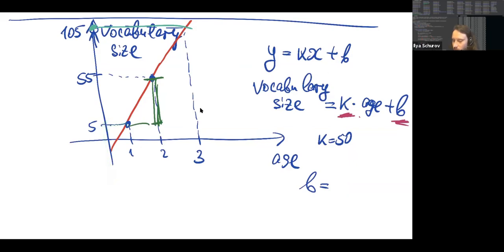My picture is not very accurate, so it is a little bit misleading. Let me try to redraw it more accurately. It should be like this. And so b is 5 minus 50. So it is negative 45.